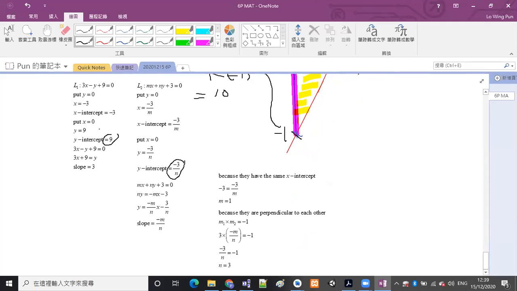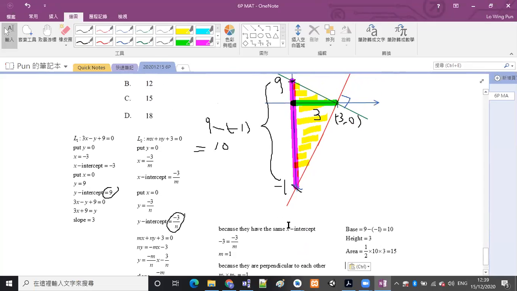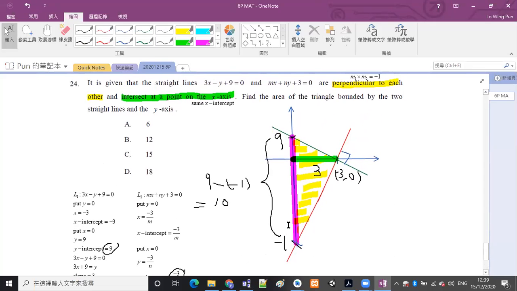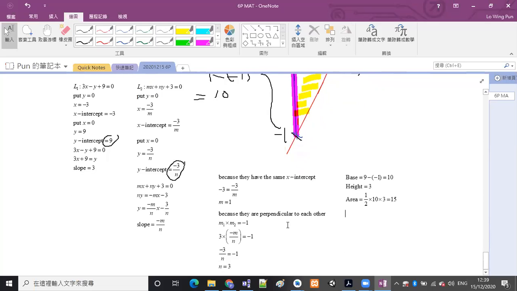So that is the answer. Can you get this? So the answer is option C.